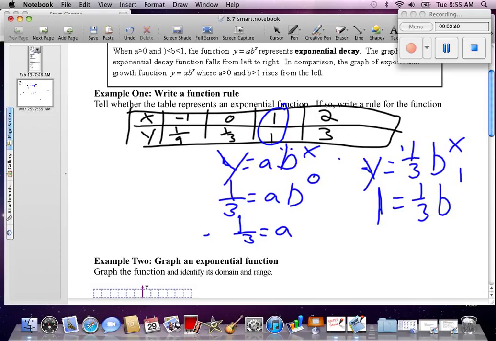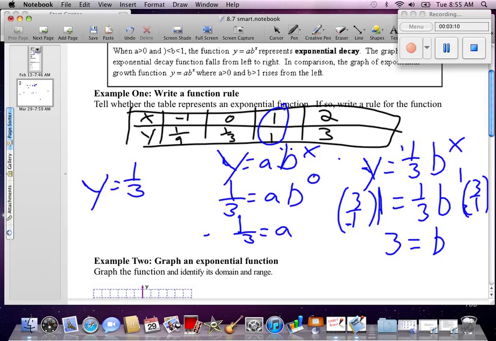I'm going to multiply by the reciprocal on both sides, 3 over 1 times both sides, and I get 3 equals b. So now I'm finished. I just have to rewrite my function: y equals 1/3 times 3 to the x. That is our final answer.